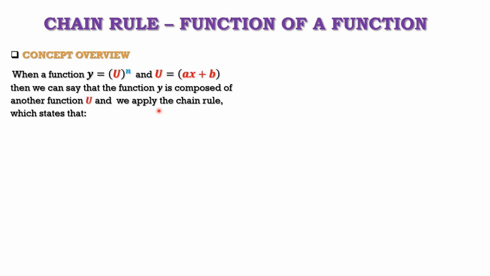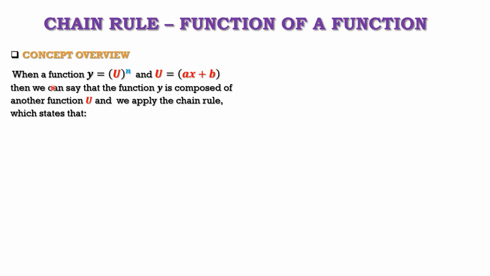What we need to put in mind is that in mathematics, when we talk about the chain of a function, it means that the function is being built in another function, which also means that the output of one function becomes the input of another function.